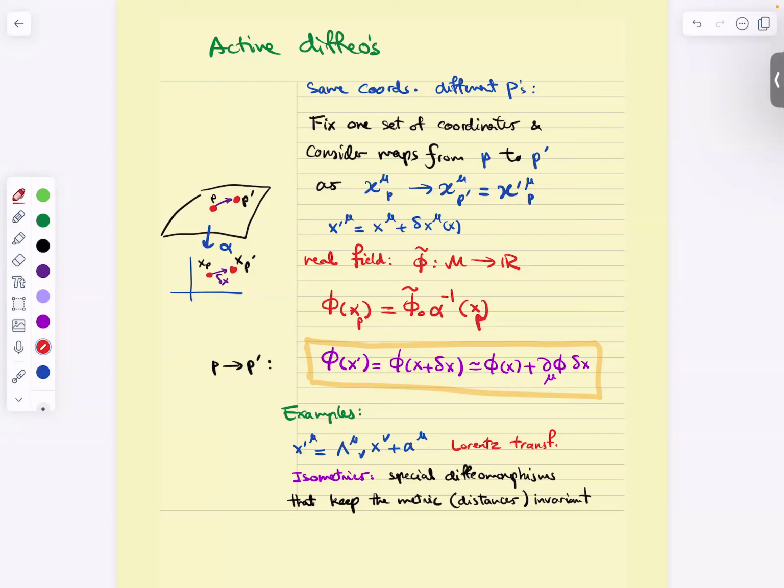That's not phi naught. That's phi tilde composed with alpha minus 1. Composition, sorry, it's not tilde. My bad. That's my attempt at writing composition. Thanks, Raz.